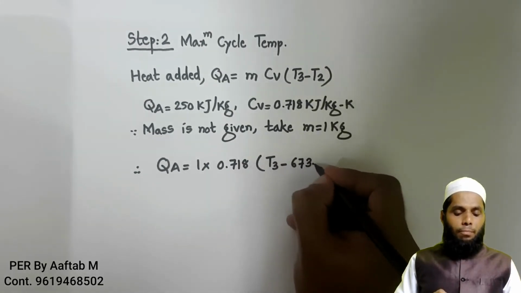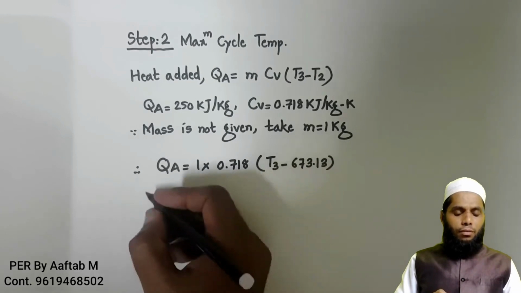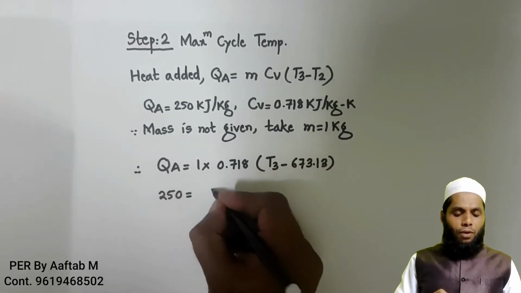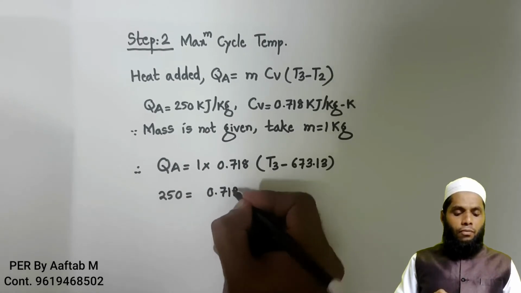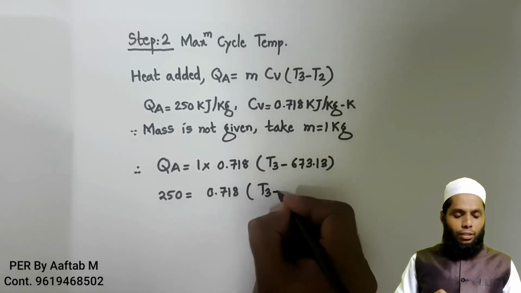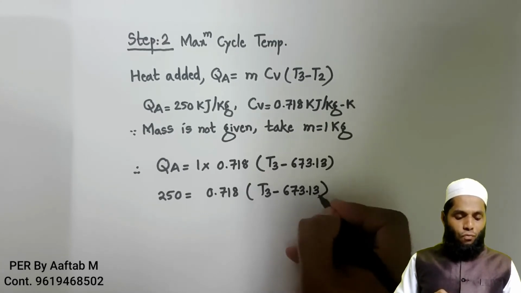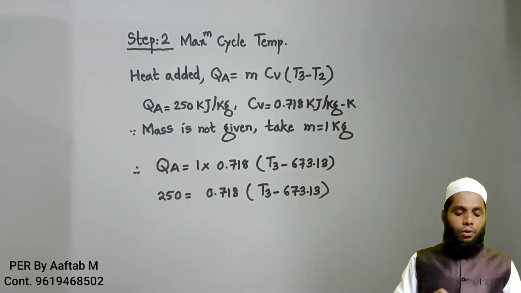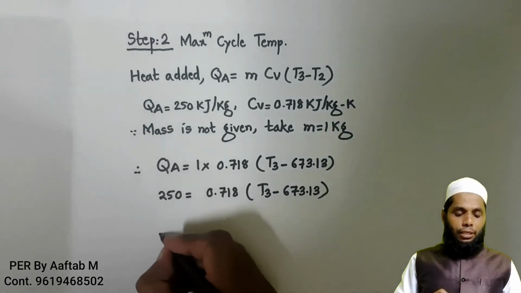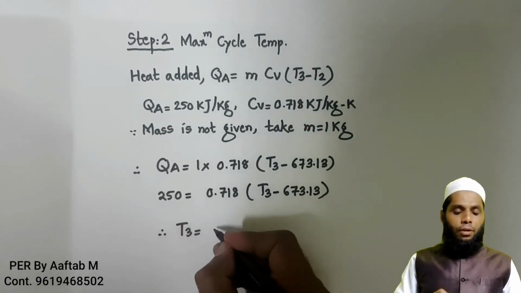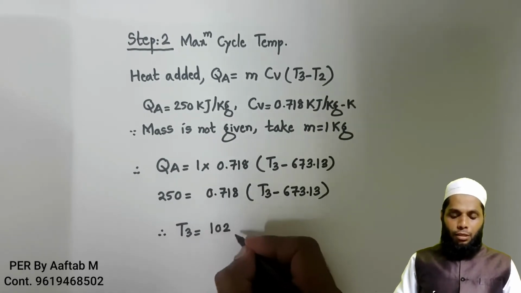1 multiplied by 0.718, that is the CV value. T3 is the maximum cycle temperature to be found out. Then T2 we already found, 673.13. So we'll substitute the value of QA, that is 250, and the other values are already substituted. So now we are going to calculate this value T3.